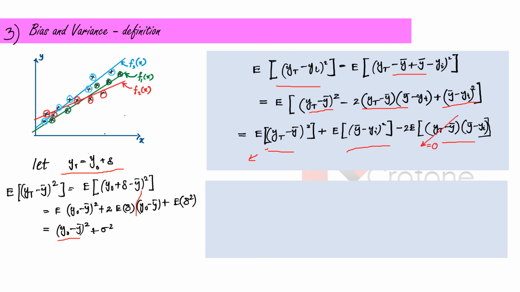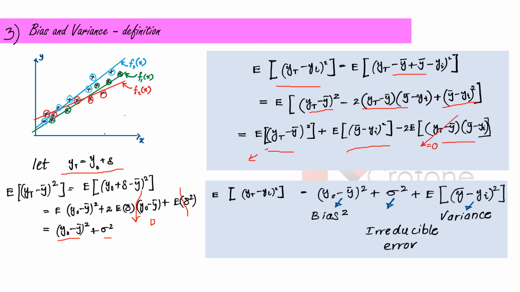The term in the middle has the expected value of delta. We assume the mean of delta to be 0. So the second term goes to 0. Also, the standard deviation of the error we assume to be sigma. So the expected value of delta squared should be sigma squared.